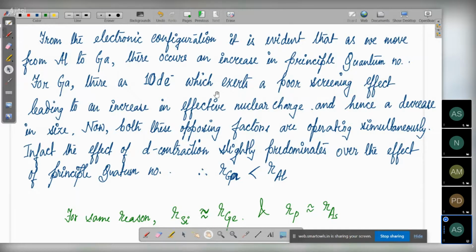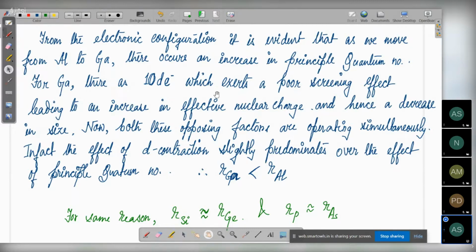If we write down the electronic configuration, we will get to know the answer. So there are two approaches for mostly solving these sums: one is the poor screening effect of f or d electrons, and the other is writing down the electronic configuration. That is why knowing the previous chapter is so very important.